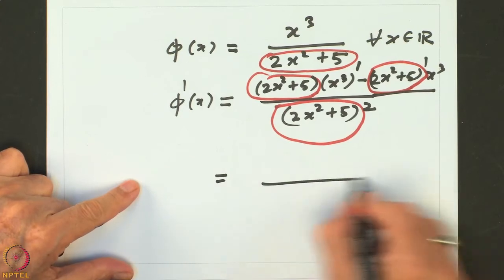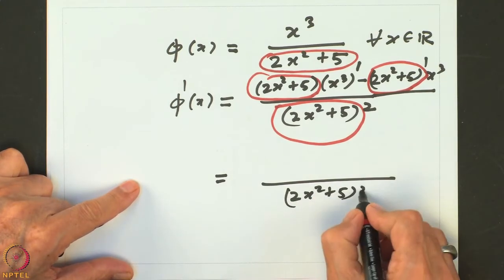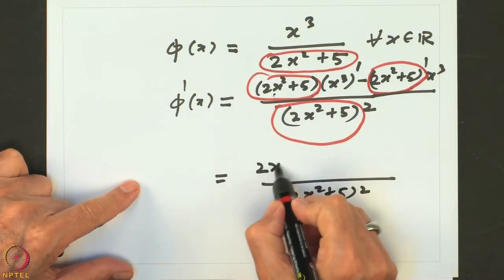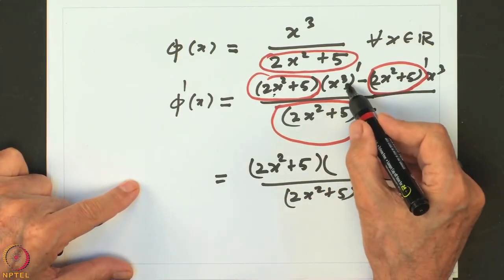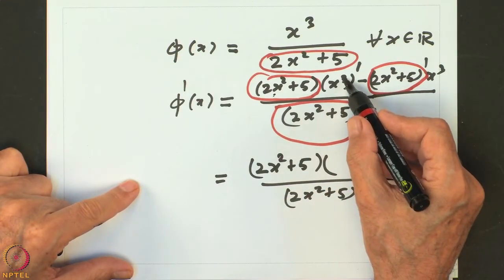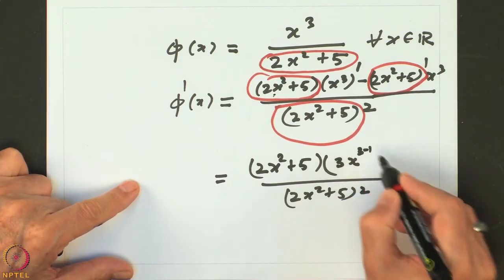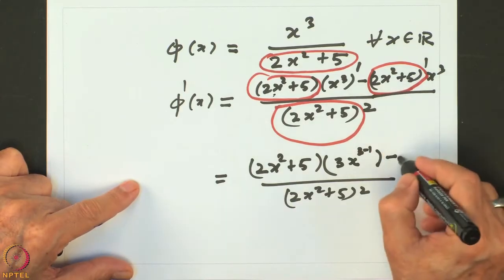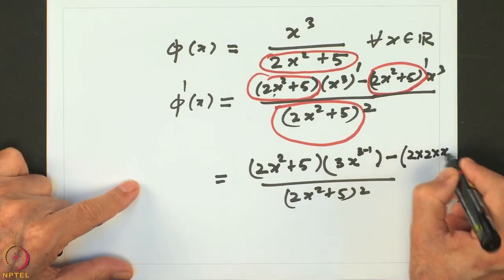This is equal to 2x square plus 5 whole square, and in the numerator, 2x square plus 5 as it is, and the derivative of x cube. The derivative of x cube, like x square, is the power comes down: 3 times x to the power 3 minus 1. That is the derivative. Minus the derivative of 2x square plus 5, that is 2 multiplied by 2 multiplied by x.